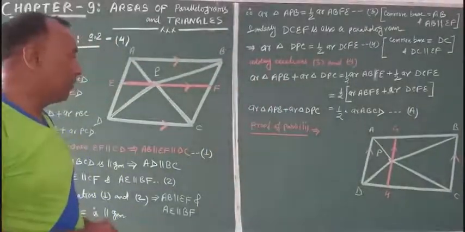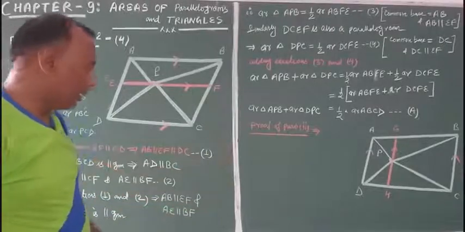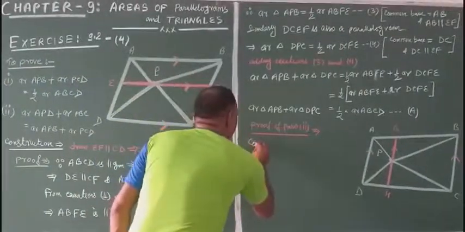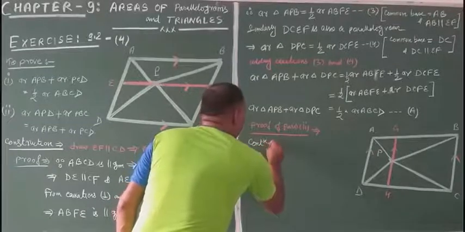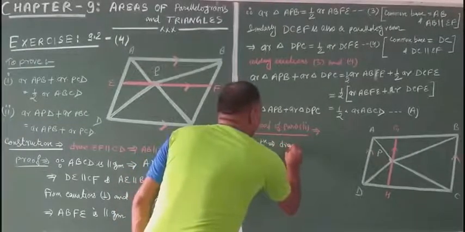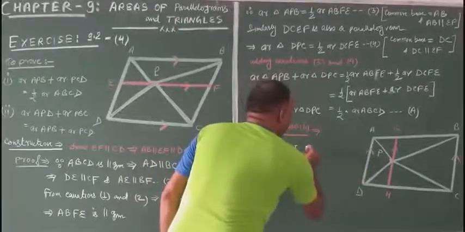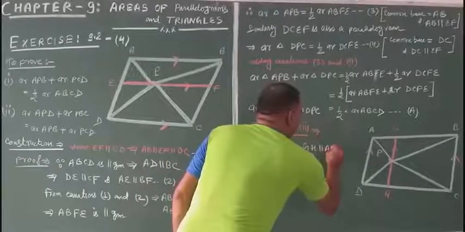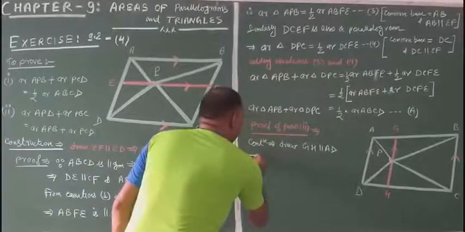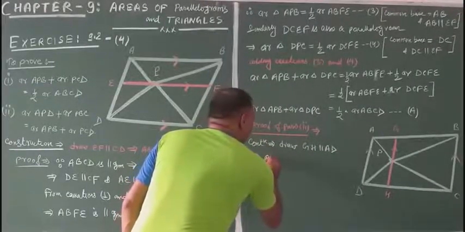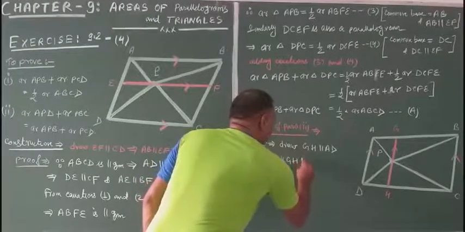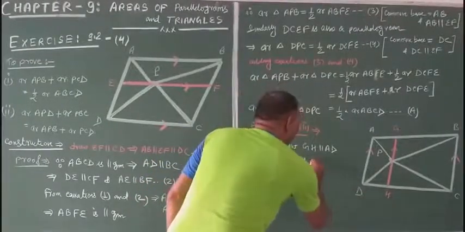Just look in the same manner. What is here? Construction. Draw this GH parallel AD. So this will imply that AD parallel GH parallel BC.